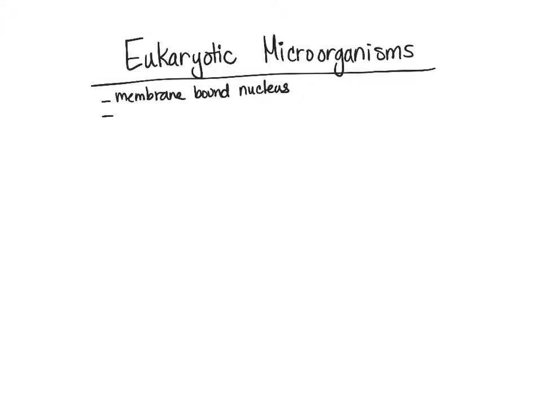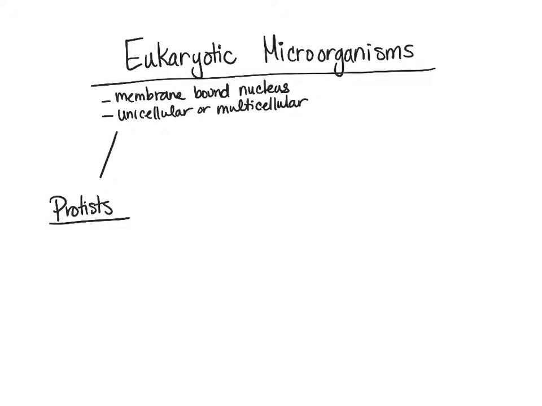And in the case of eukaryotic microorganisms, they can be unicellular or multicellular. So now what we're going to do is we're going to separate our eukaryotic microorganisms into further classifications, into smaller groups. So the first group that we are going to talk about are the protists.